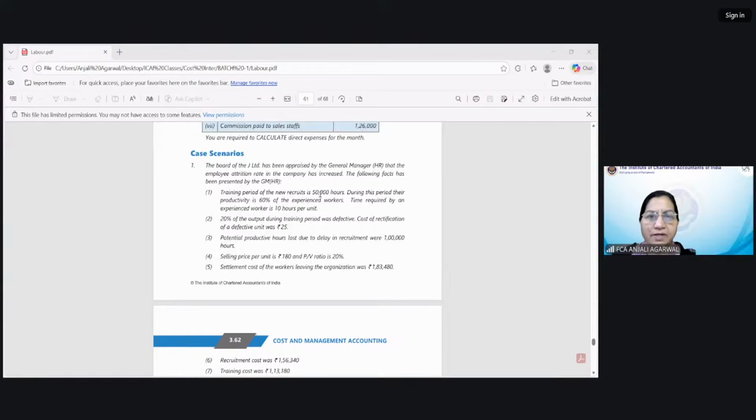So 600 into 25, 15,000 would be the cost of 600 into 25. Not 2,400 good units, 600 defective units, but defective units are reworked.